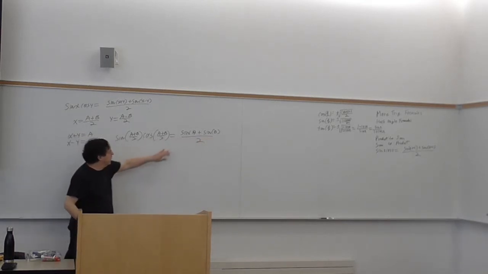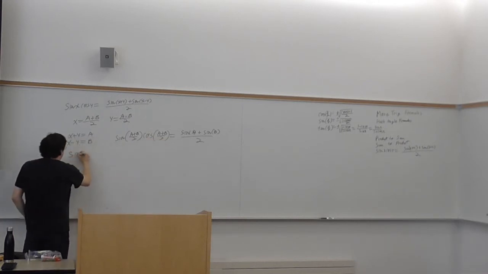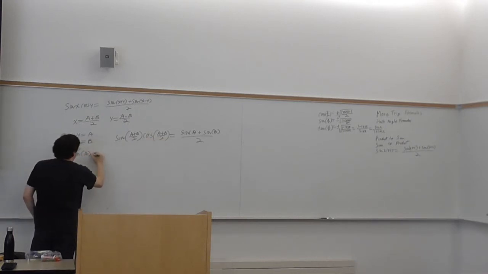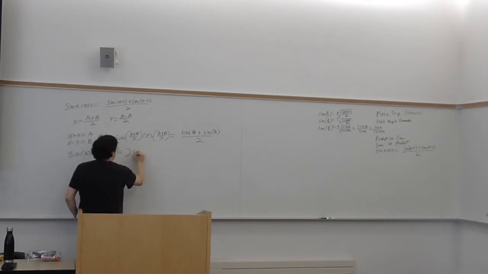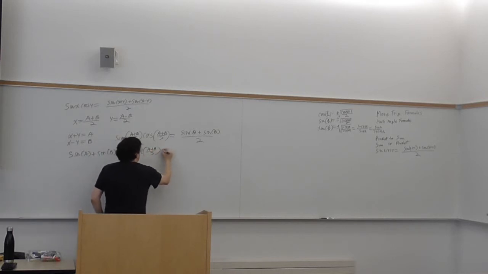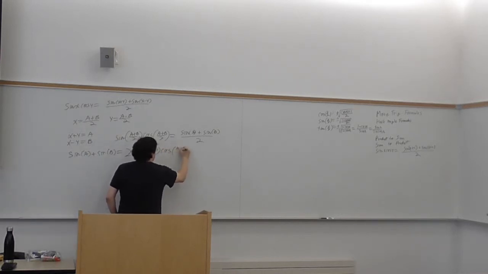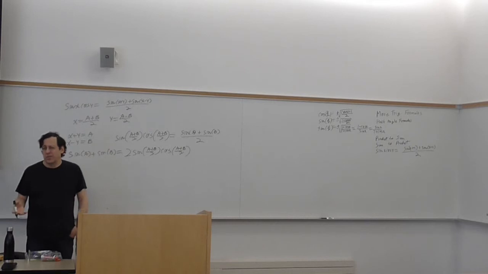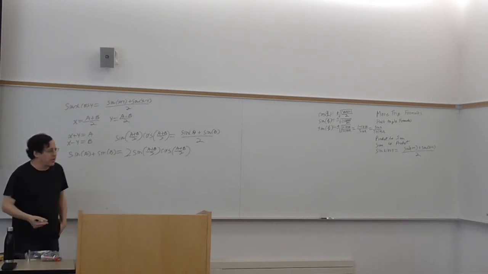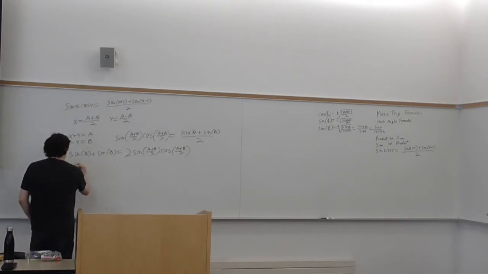Well, that's almost what I want. I want a sum to product, so I could write that as sine of a plus sine of b is 2 sine of a plus b over 2 cosine of a plus b over 2. And since we usually don't write these with a's and b's, let's just put back our x's and y's.